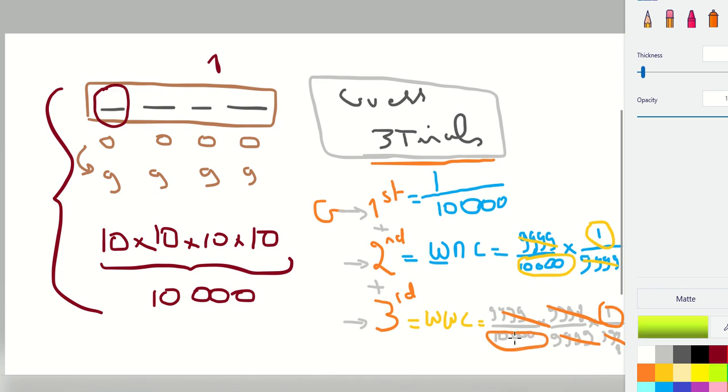So it turns out the probability of guessing the first time is exactly the same as the probability of guessing the second time, which is exactly equal to the probability of guessing the third time. And since whoever is trying your pin code gets to have 3 trials, then it's 1 over 10,000, 1 over 10,000, 1 over 10,000, so the answer is 3 divided by 10,000.